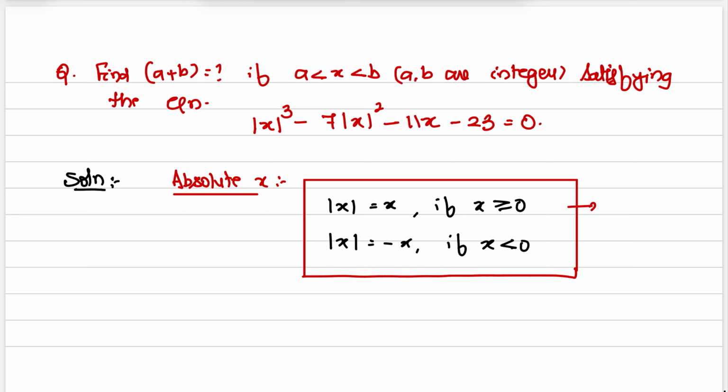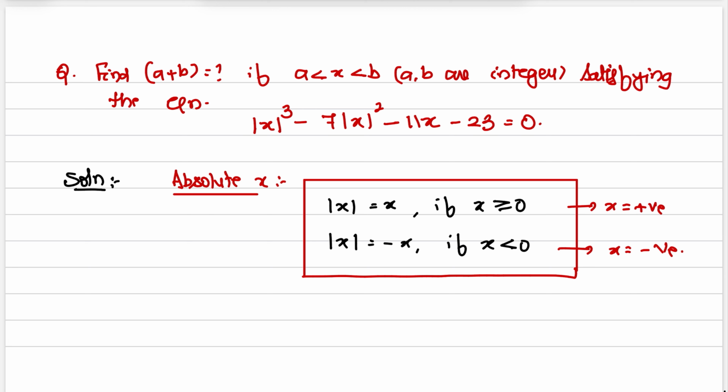If x is positive or 0, absolute x is equal to x. If x is negative, that is less than 0, then absolute x is equal to minus x. That means for this equation, there are two possibilities.